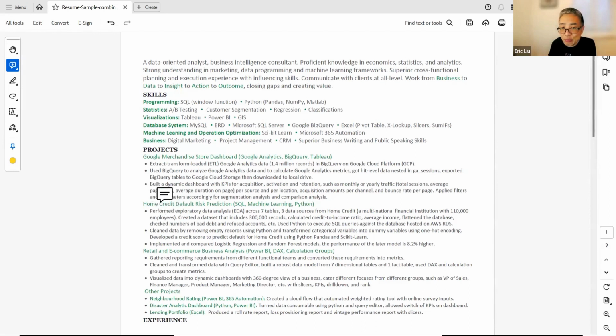And then after that, she built a dynamic dashboard with KPIs for acquisition, activation, and retention. So this is business terms, such as monthly and yearly traffic. She mentioned a few KPIs, and those of you who have done any project in digital marketing would recognize them: total sessions, average page views, average duration on page, and then these are dimensions, source, location, and also acquisition amount per channel and bounce rate per page, and applied filters and parameters reporting for segmentation analysis and comparison analysis.